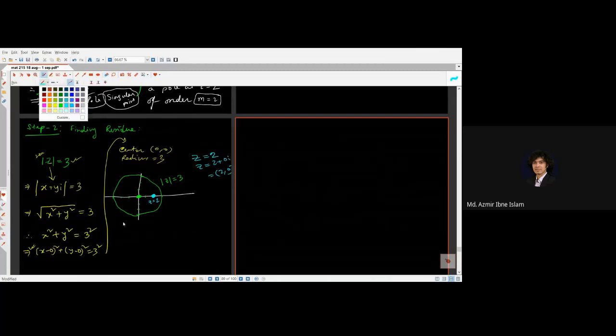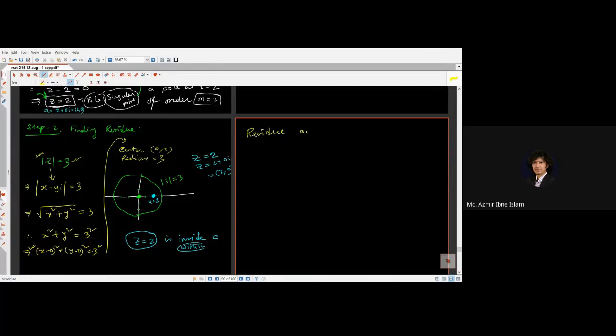We can leave a comment that z equal to 2 is inside or within C. We can use any word, within or inside. So now let's find the residue. The residue at z equal to 2. Remember, z equal to 2 is a pole of order 2.